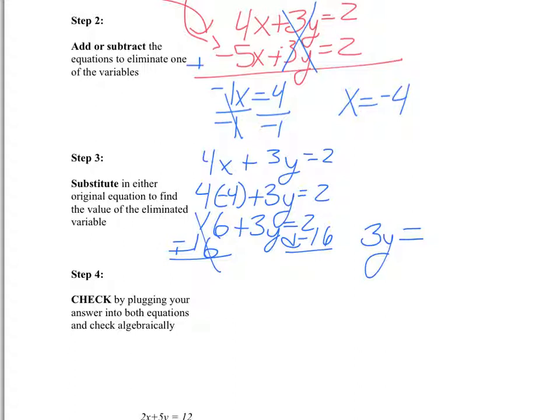Oh, my 4 should be negative, so that should be negative 16, adding 16 to each side, and I get 3y equaling 18. Divide each side by 3, and I get y equaling 6. Sometimes those negatives can get away from the best of us.